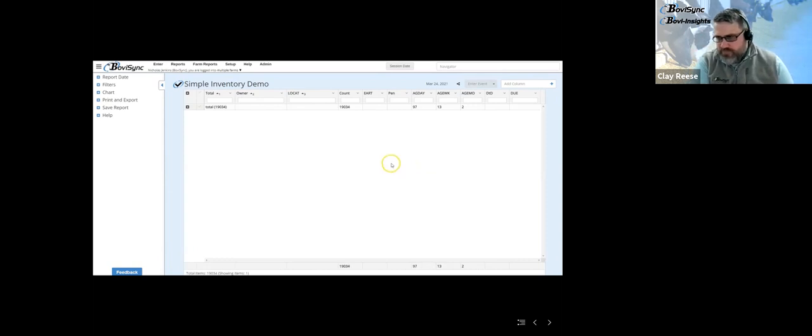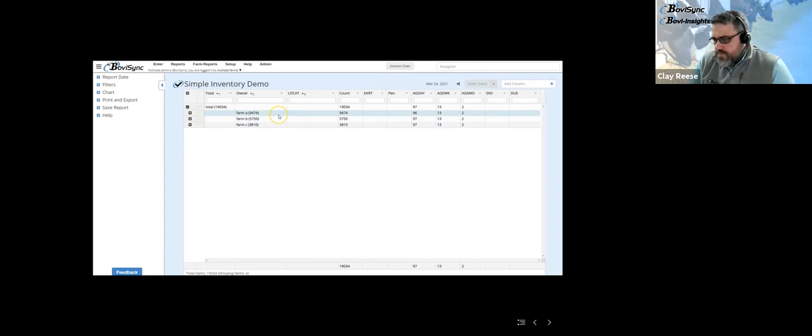We have a report that is up. We have a total line here. So total is just a column that we can add that allows us to aggregate the entirety of the data set into one group, so we can see overall averages or whatever it is that we're looking for. In this example, we'll open it up and see that there are 3 owners that have animals on these farms.